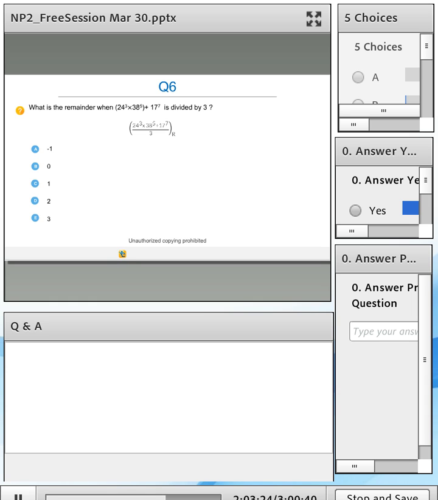I have been given this complicated expression and we need to divide it by 3 and find the remainder. Now, tell me very truthfully, had you seen this question without going through the content that we went through in this session, would you have been scared of this question?